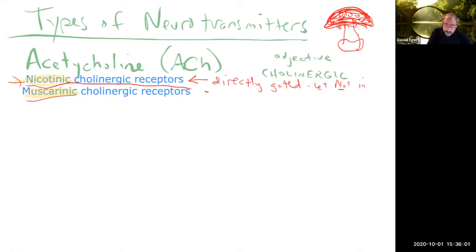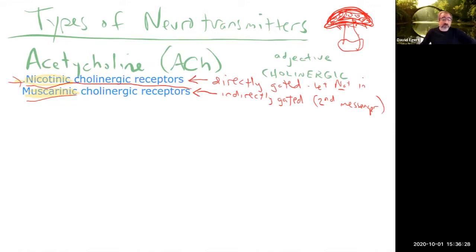The muscarinic ones, on the other hand, are indirectly gated. You know, second messengers. We call them metabotropic receptors. What does that mean in terms of the response?